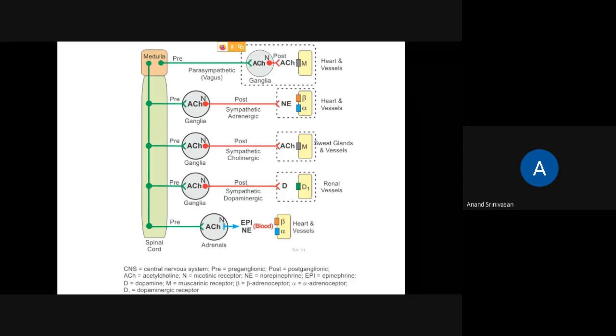But from the anatomical point of view, remember that there is a preganglion and a postganglion. The sympathetic nervous system is responsible for flight, fight, and fear, whereas the parasympathetic helps in storing the energy, synthesis and storage of the energy.